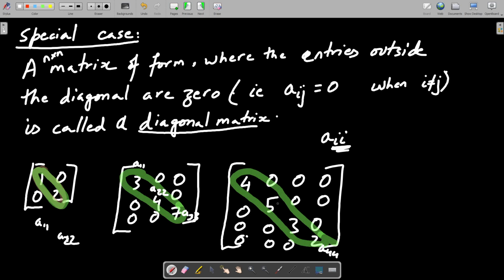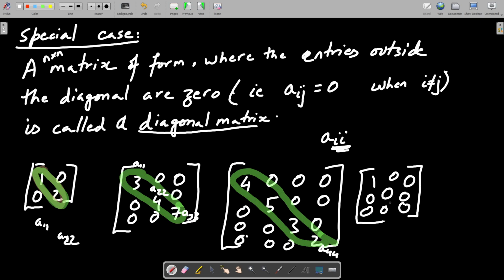By the way, this is also a diagonal matrix: 1 0 0 0 0 0 0 0. Yeah, this is also a diagonal matrix, even though two of the diagonal entries are actually 0.